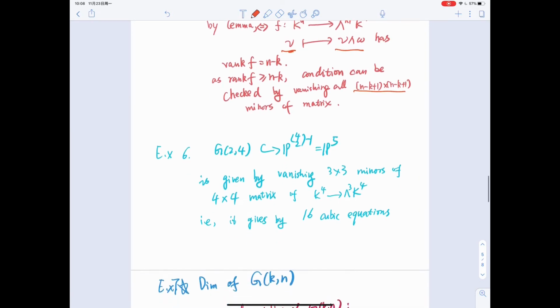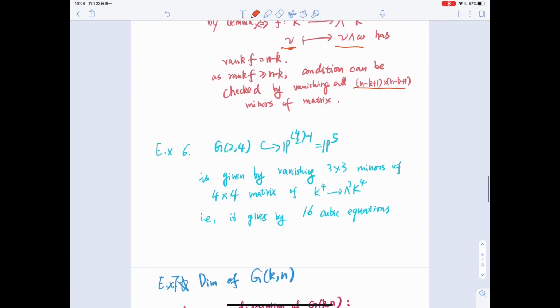An explicit example is given by G(2,4), which embeds in P^5.